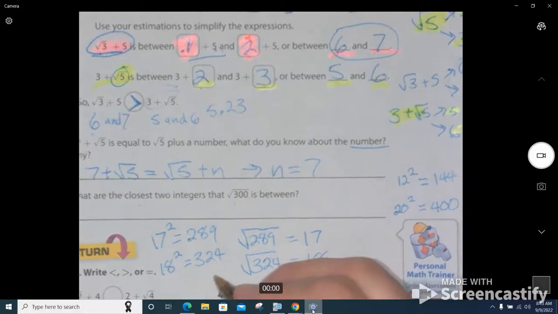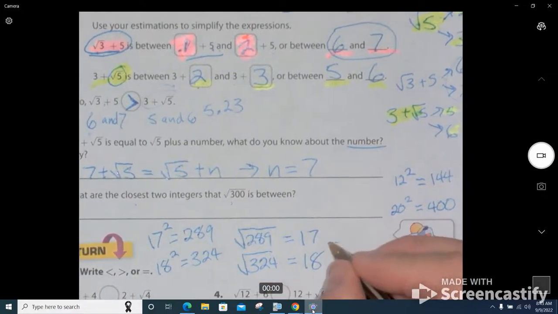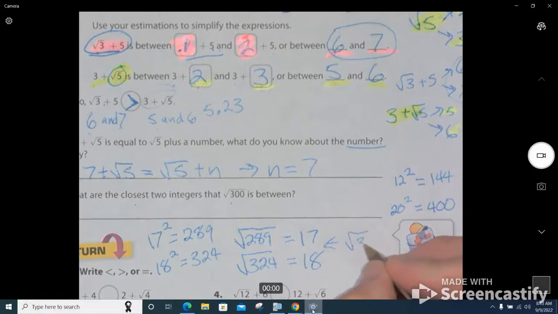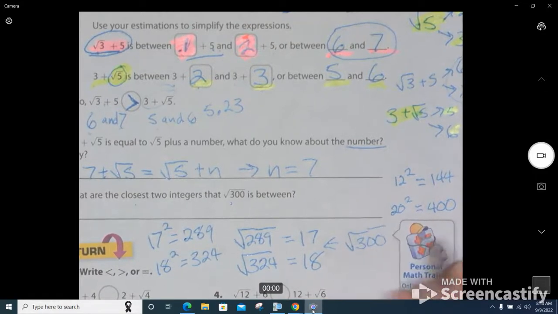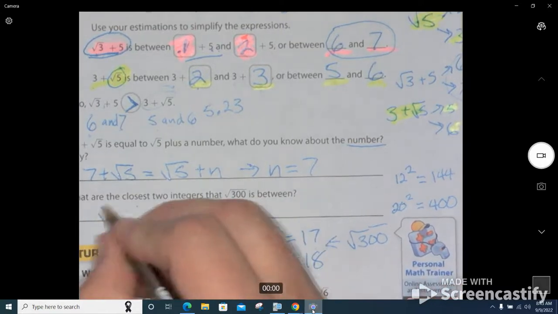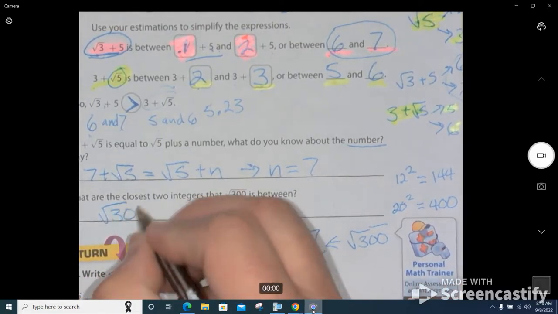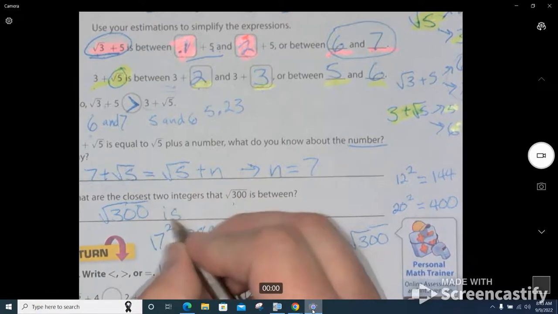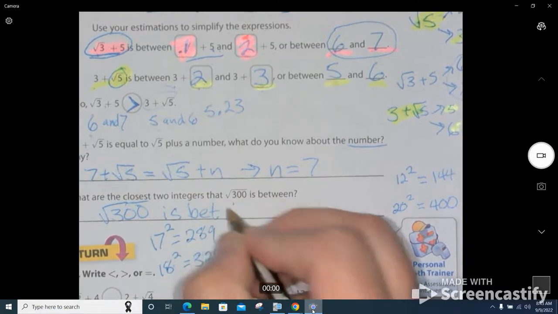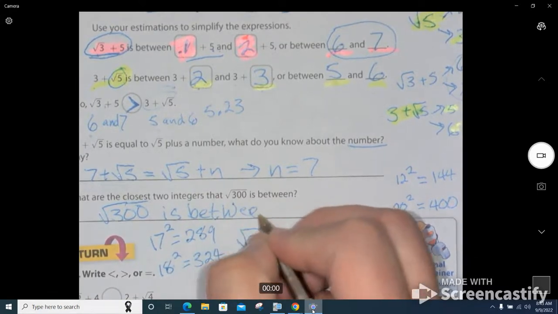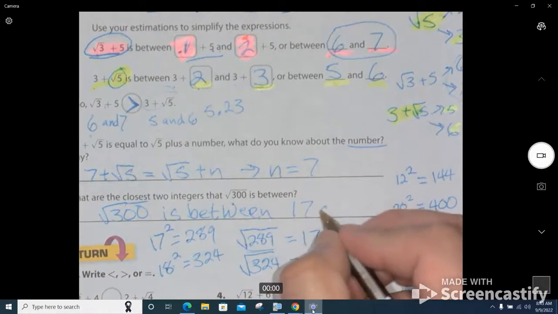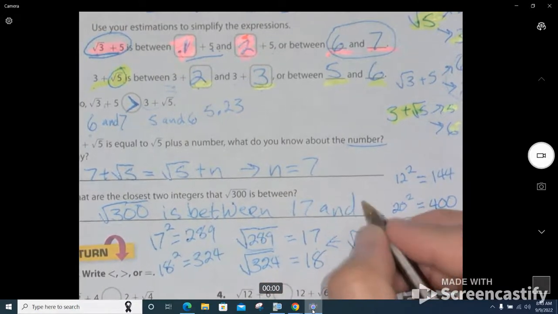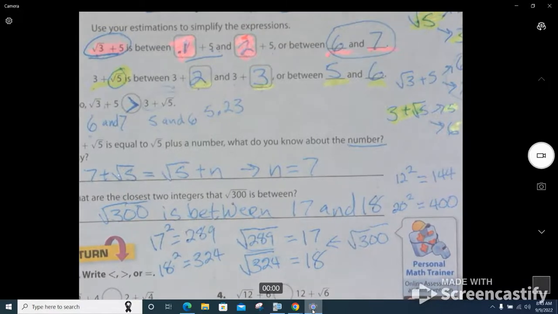Well, the square root of 300 lives between those two numbers, and that means that the square root of 300 is between 17 and 18.